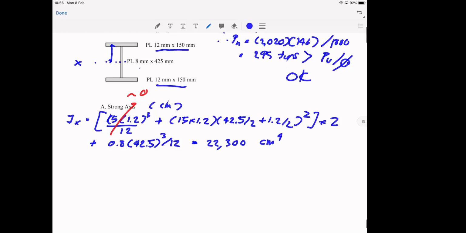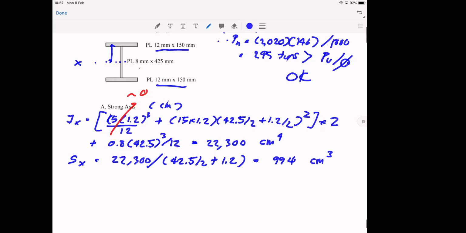And elastic section modulus is therefore equal to this divided by, be careful, half the web depth plus the total thickness of the flange, right? And this is roughly 994 cubic centimeter. So that is your elastic section modulus about x-axis.